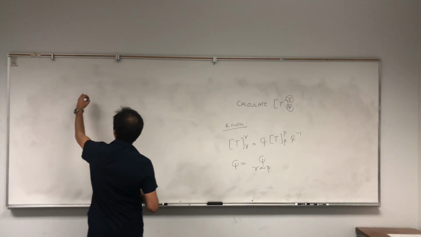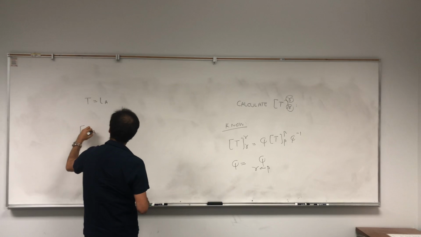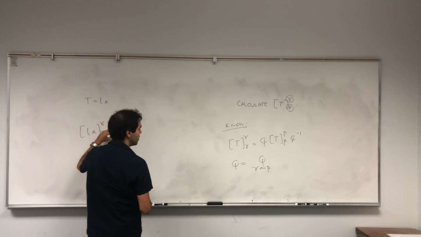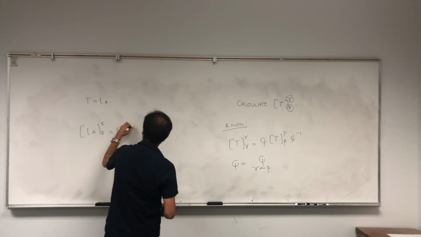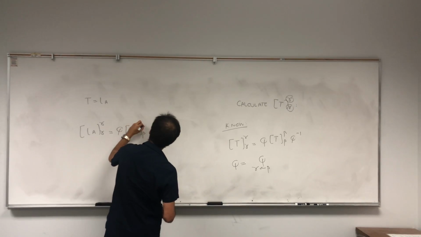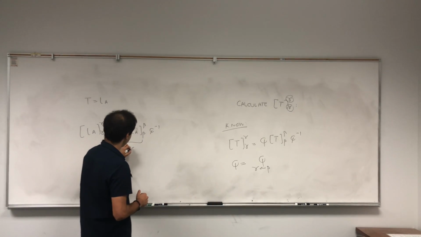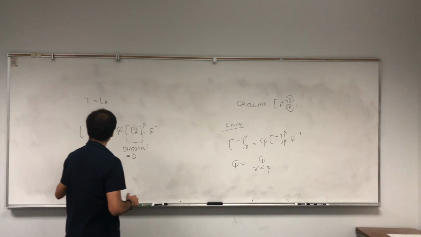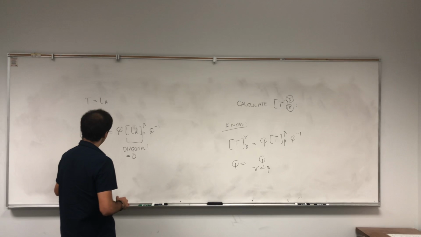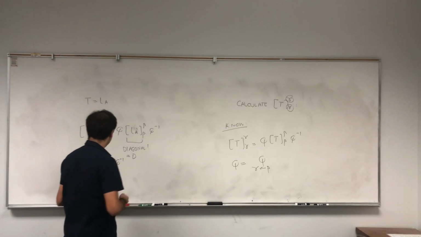With T equals L_A, we get [L_A]_γγ equals Q [T]_ββ Q inverse, and we know by assumption that this is diagonal. So let's call this D. What we get is [L_A]_γγ equals Q D Q inverse.